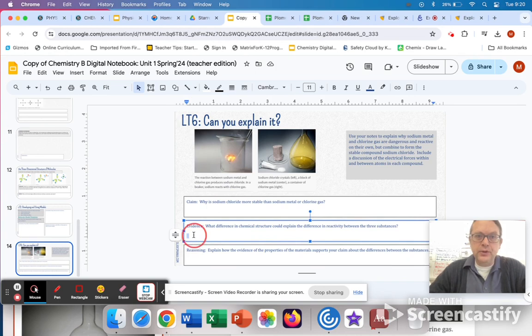Okay, so let's put one piece of evidence. Salt has stronger forces between its formula units holding them together.